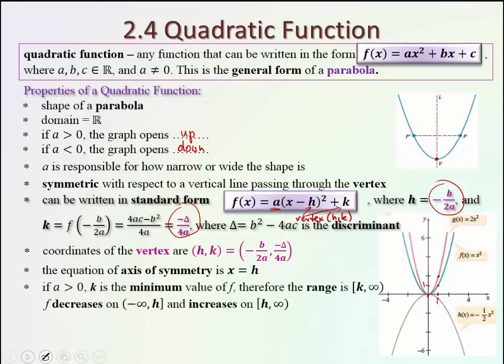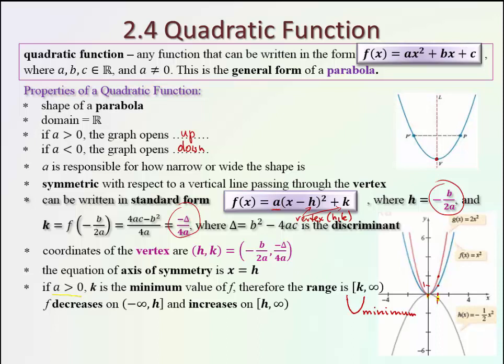We can derive even more properties of a quadratic function if we check just the leading coefficient a. As soon as the leading coefficient a is positive, then we have a situation like this, which means that the parabola has its minimum at the vertex.